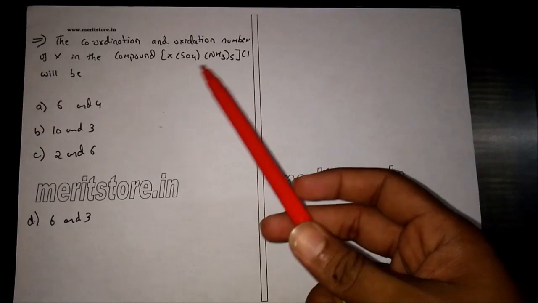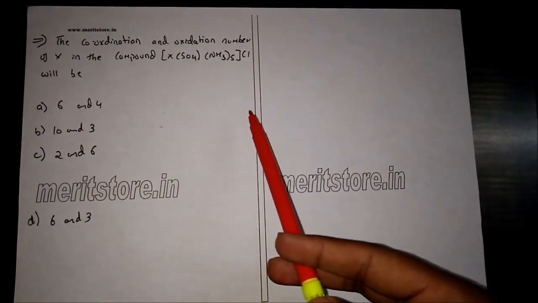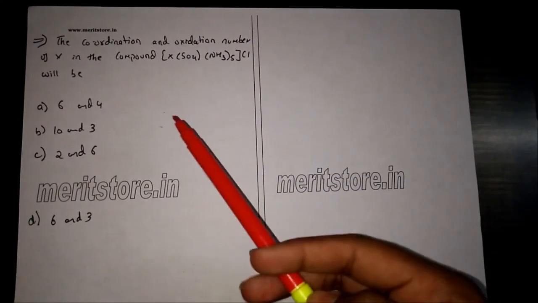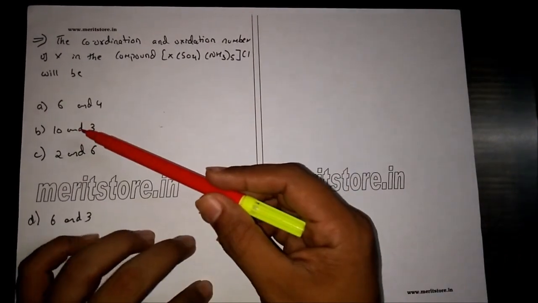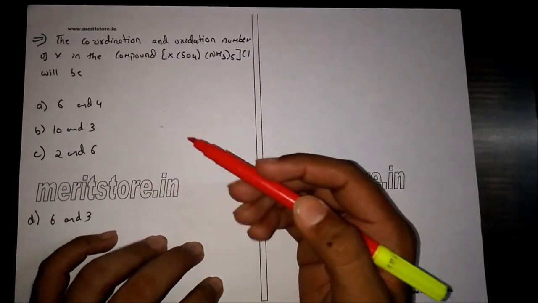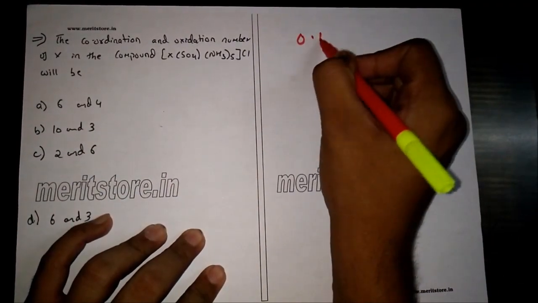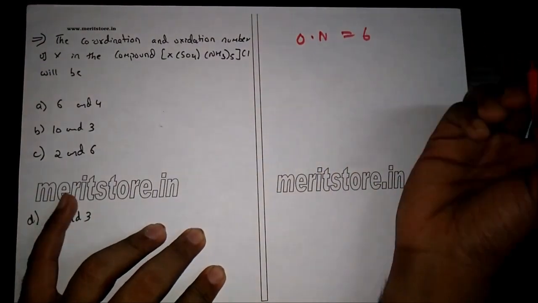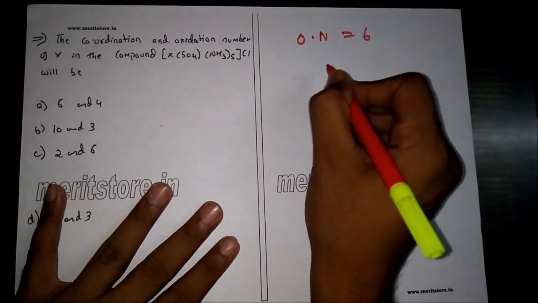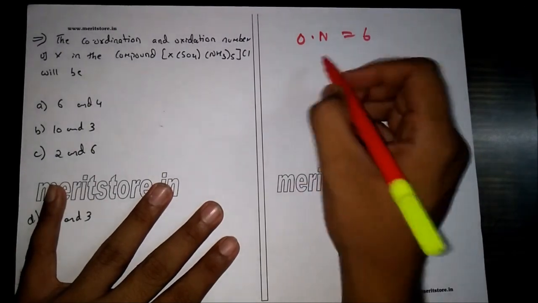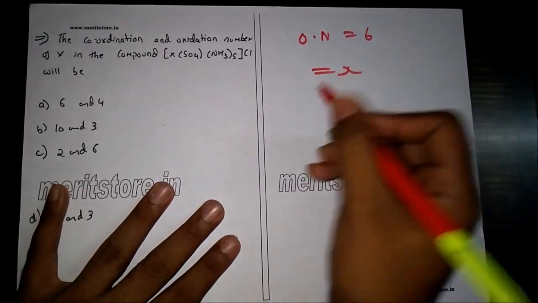Coordination number and oxidation number of X in the compound [X(SO4)(NH3)5]Cl will be A 6 and 4, B 10 and 3, C 2 and 6, and D 6 and 3. Now here the coordination number is 6. Now to find the oxidation state, we need to assume that the oxidation number of X is small x.